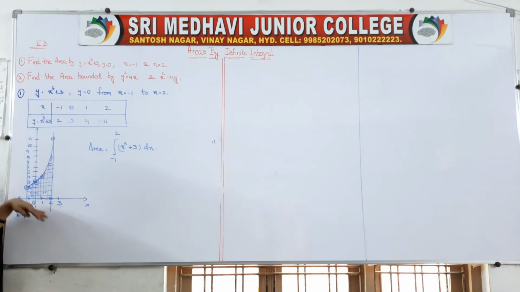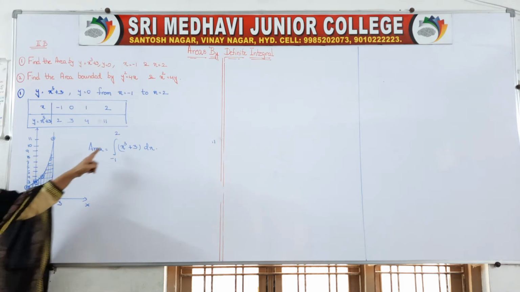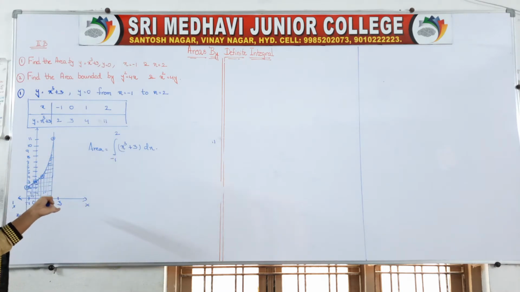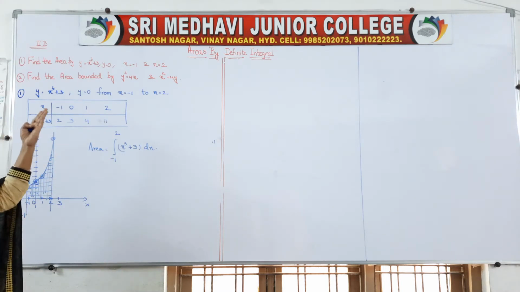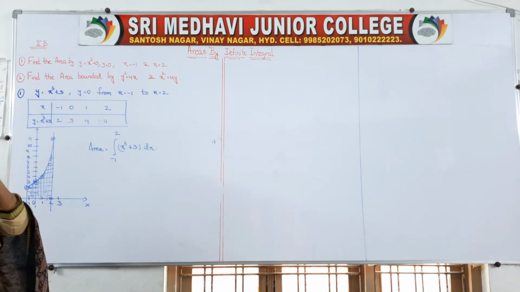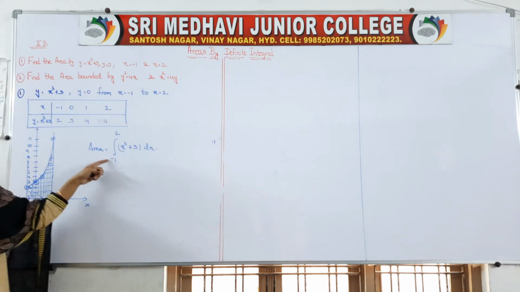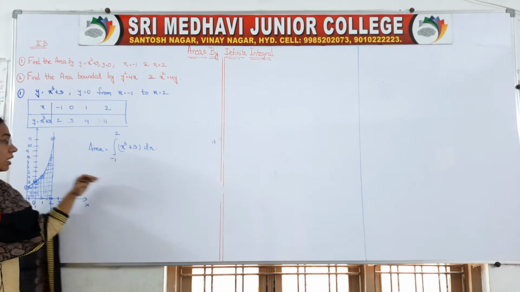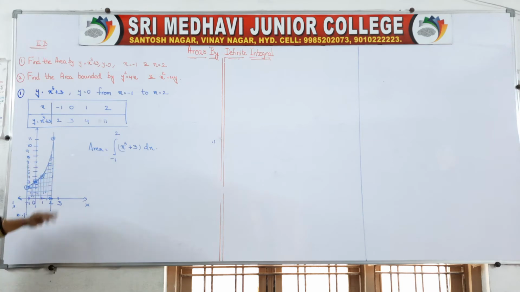Why? It is above the x-axis. Suppose the area comes below the x-axis, here I have to take a minus sign. For that sake, we construct the diagram. Otherwise, directly bounds are given and y is equal to 0, only one curve is there, so directly we can write the area. But we should know whether the area is above the x-axis or below the x-axis.